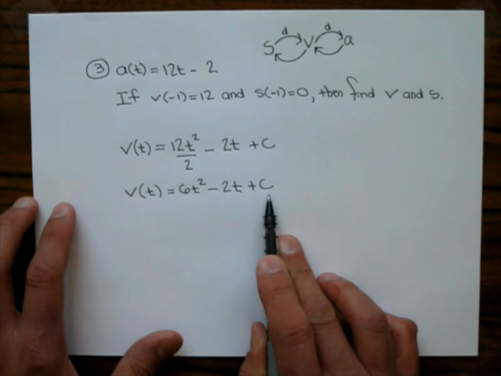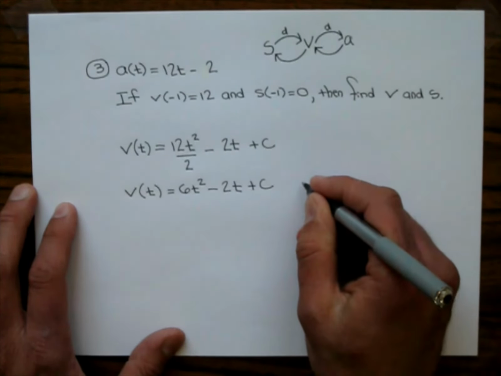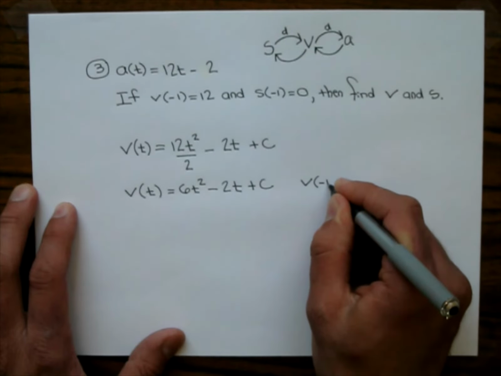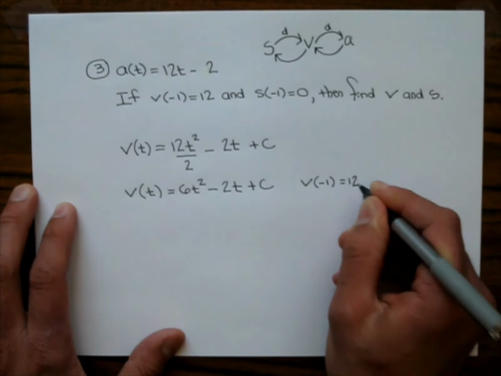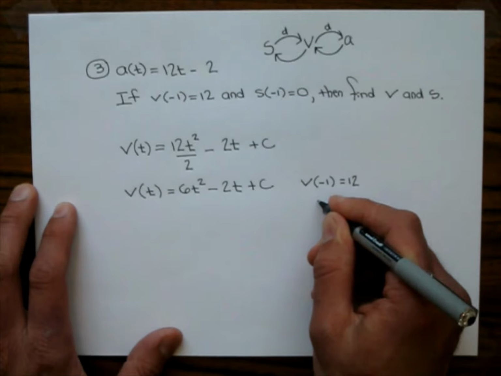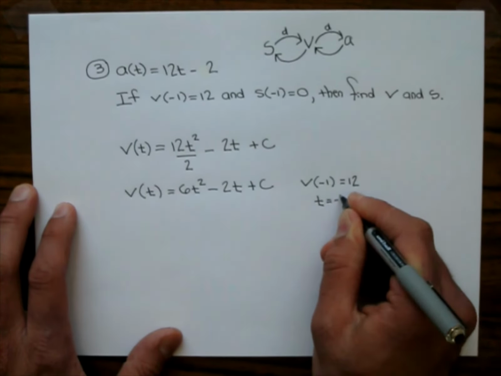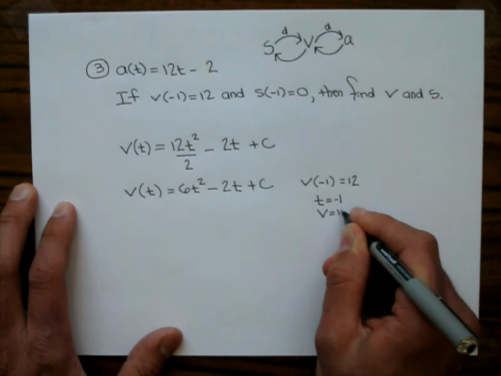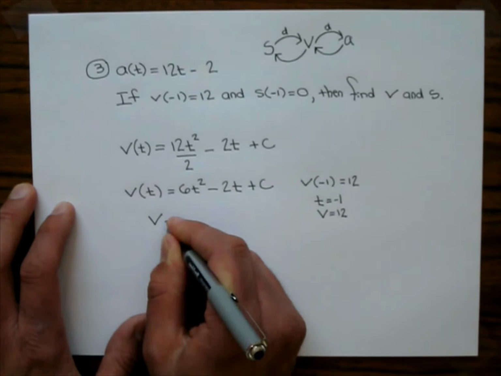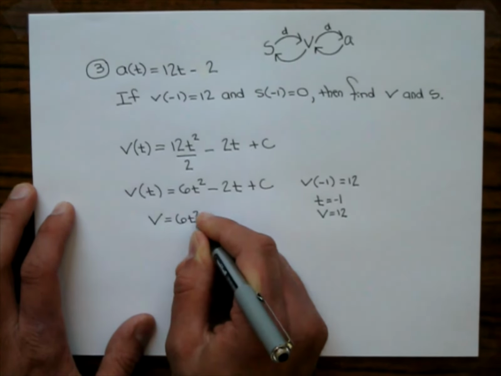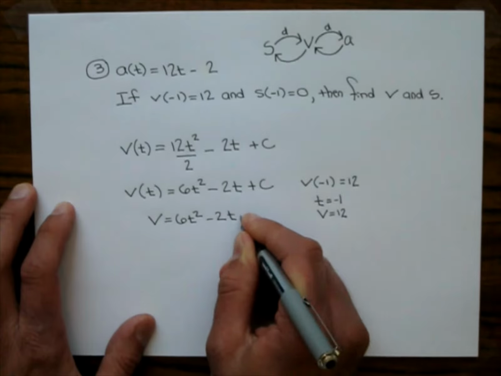How do I find out what c is? I use this condition right here. V of -1 is 12. Okay, so that says t is -1 and v is 12, and you've got v equals 6t squared minus 2t plus c.